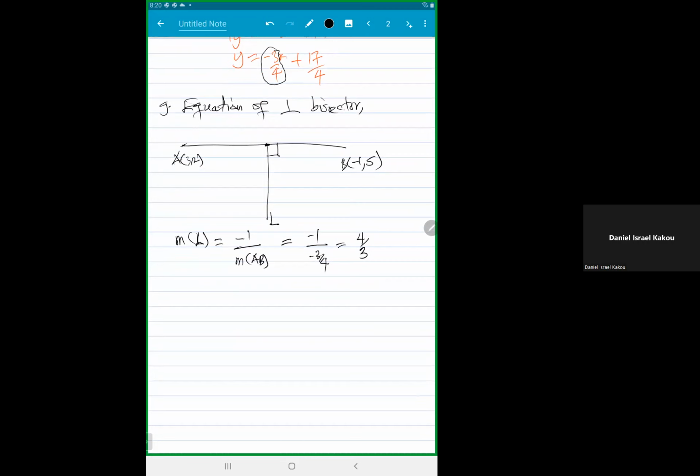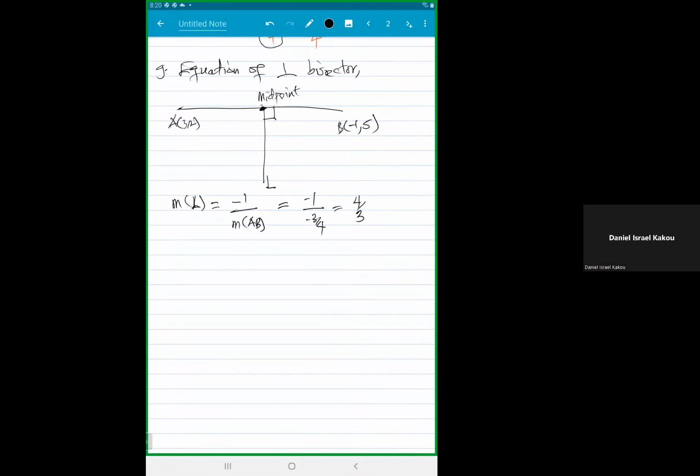The last thing we need is a point, which fortunately is also going to be the midpoint, because we are being told that the line L is a perpendicular bisector, meaning the line bisects AB into 2 equal parts. By bisecting AB into 2 equal parts, it means that wherever it cuts the line AB is the same as the midpoint of AB. So all I would do is find the midpoint of AB, and that would be the point that lies on the line L we are trying to find.